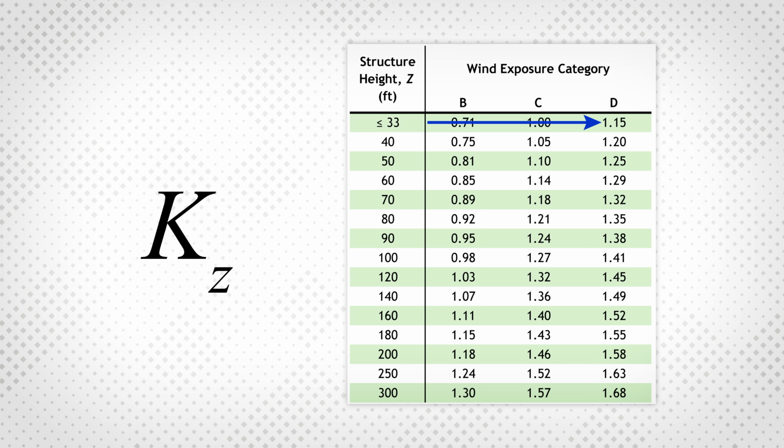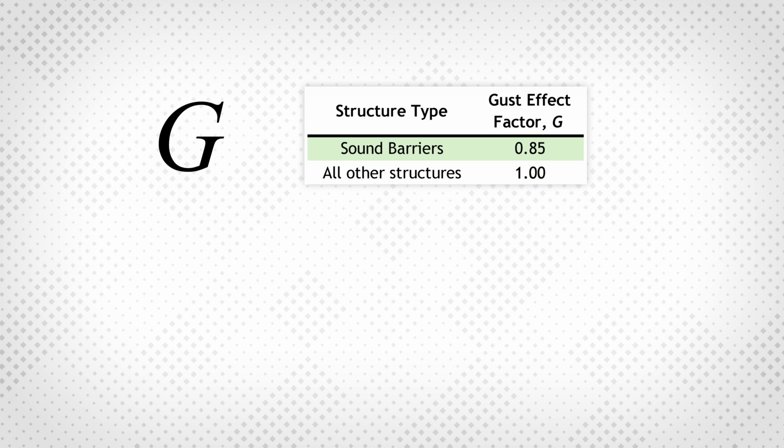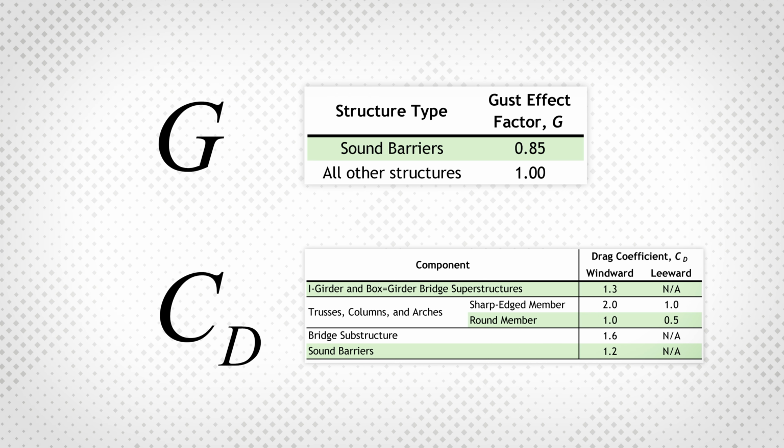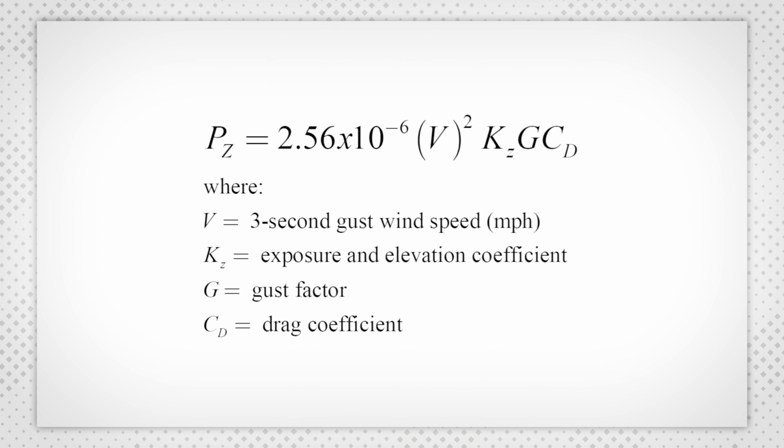Similarly, as we go from a height in the structure of 33 feet to 300 feet, this coefficient increases substantially. Gust effect factors are typically 1.0, except for sound barriers. Drag coefficients vary depending on the surface shape. These vary from 1 to 2.0 for the windward surface. Once we find each of these variables, we can proceed to calculate wind pressure given by this equation.